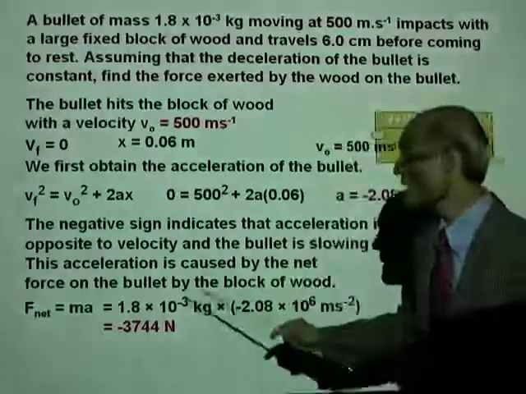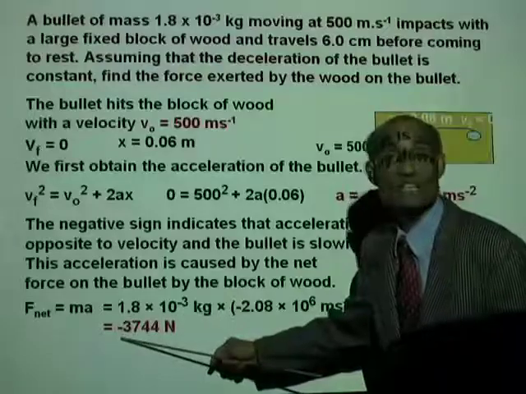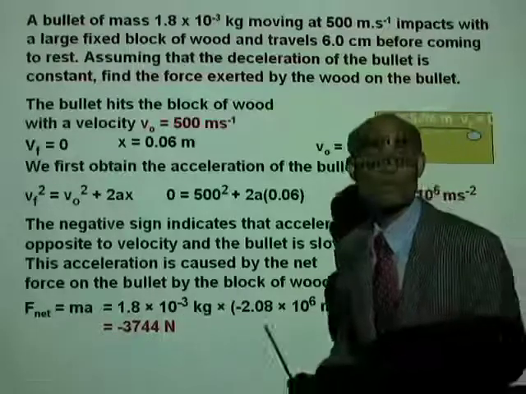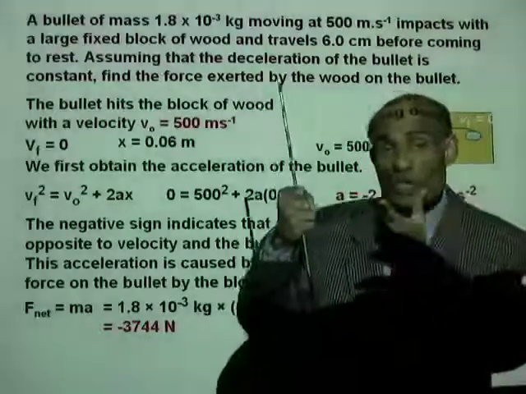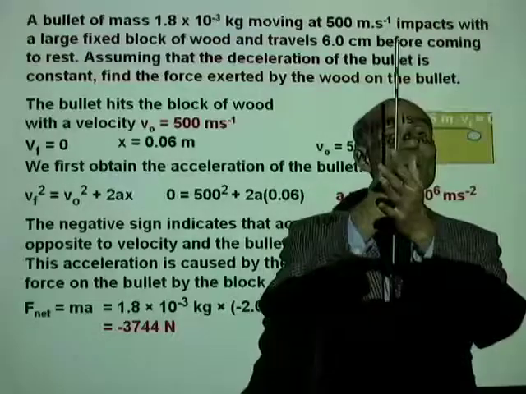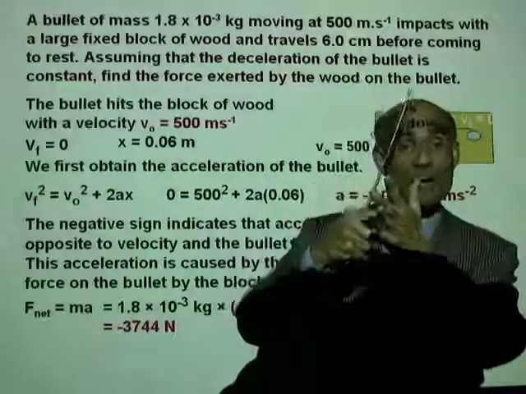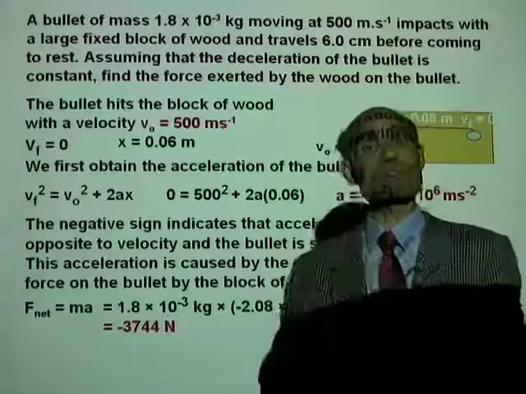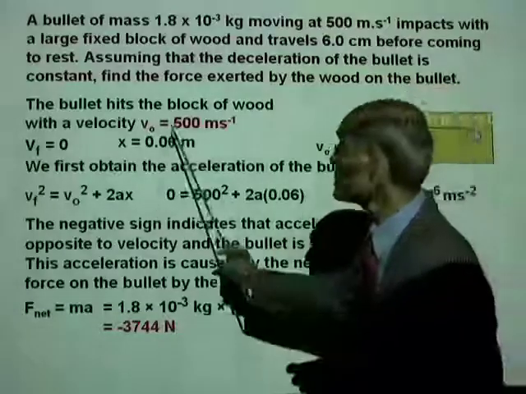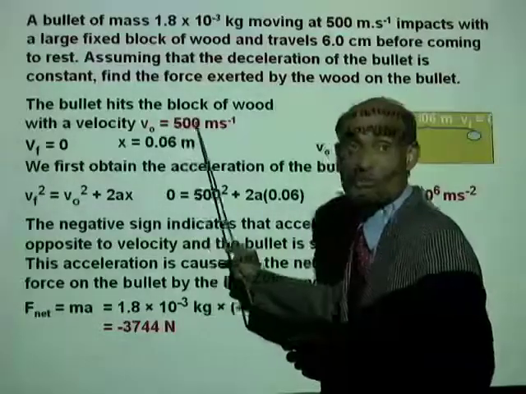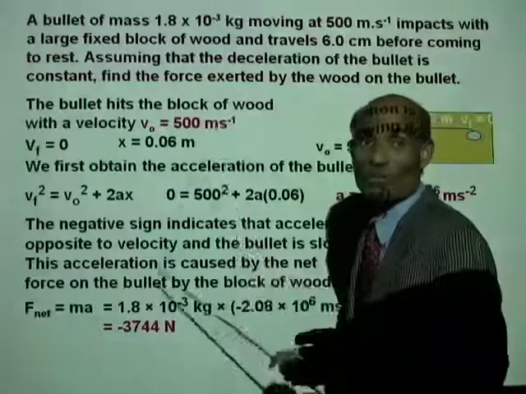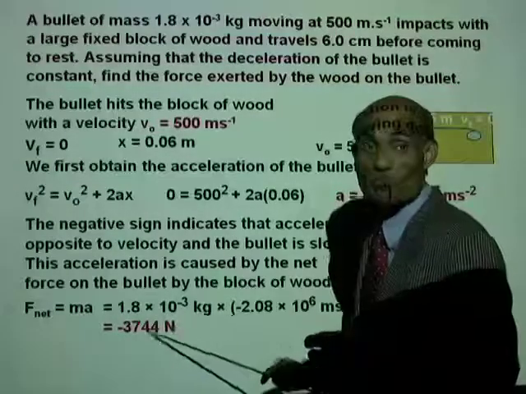Tell me, why is the force negative? The force is negative because it is opposing the motion of the bullet. The force is directed opposite to the direction of the velocity. Because we started by taking the velocity positive, the force is directed opposite to that.